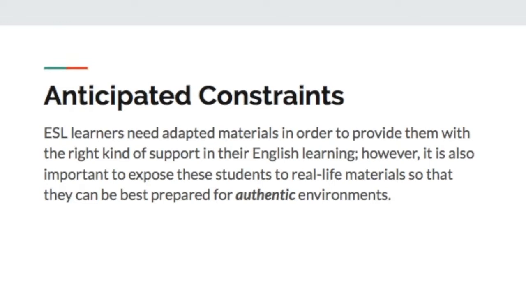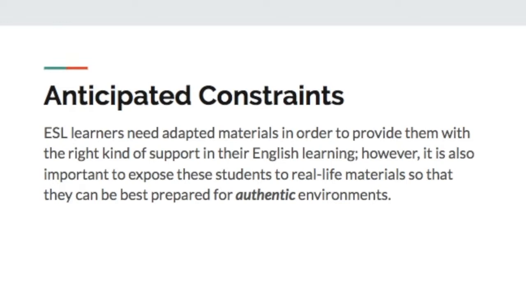I also revised the anticipated constraints in this project. The goal of this project was to present learners with adapted materials, adapted reading materials. However, the problem that may arise is that those adapted materials will not be enough for learners to learn exactly how to function in authentic environments once they start their classes full time.